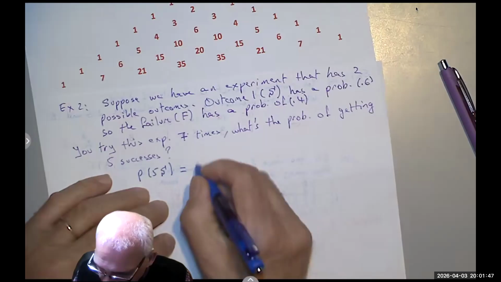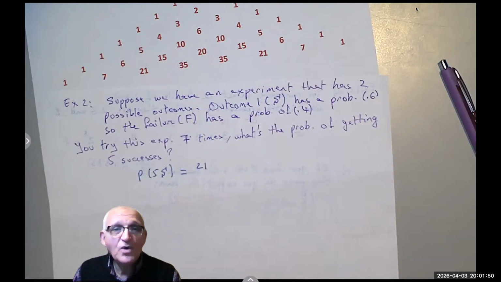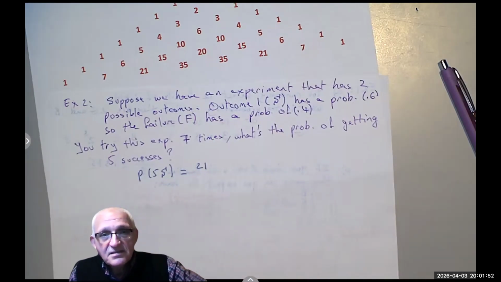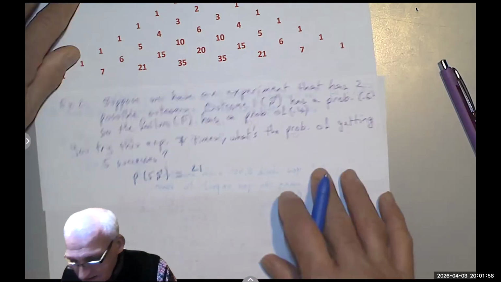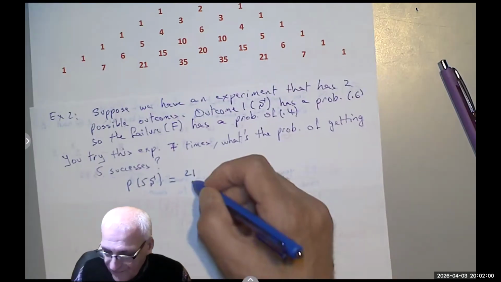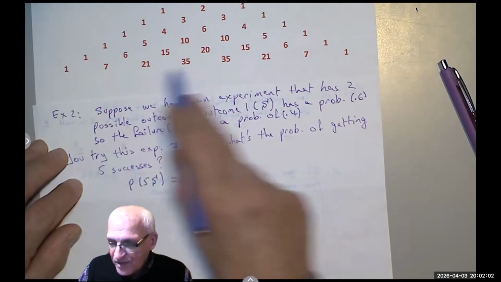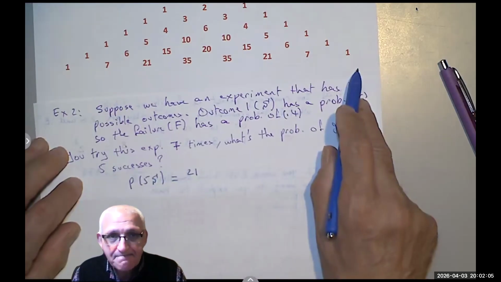So I'm going to write 21, because 21 is the number of successes out of 128, 2 to the 7.